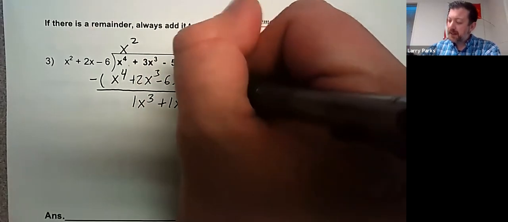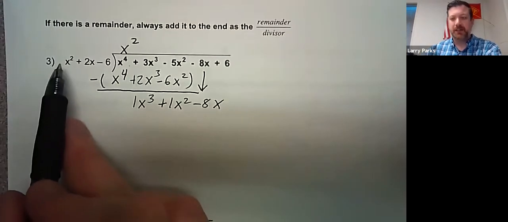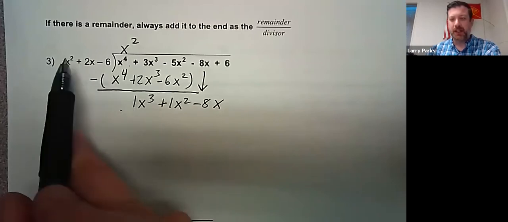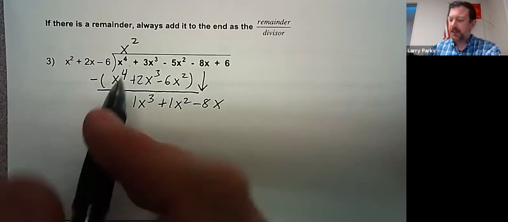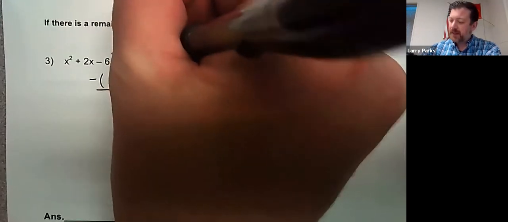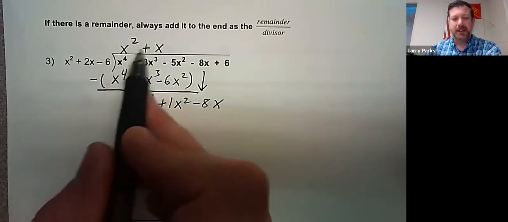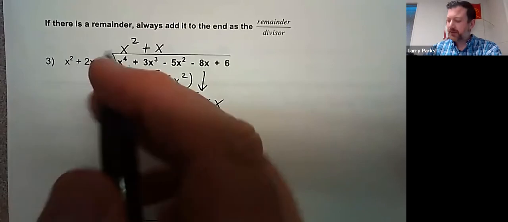And then I bring down my next term. And then I ask myself, x squared times what is x cubed? 1x cubed, same thing. I would need one more x, so I do plus x. I then take x times x squared, x times 2x, x times -6, I put that there. So x times x squared is x cubed.